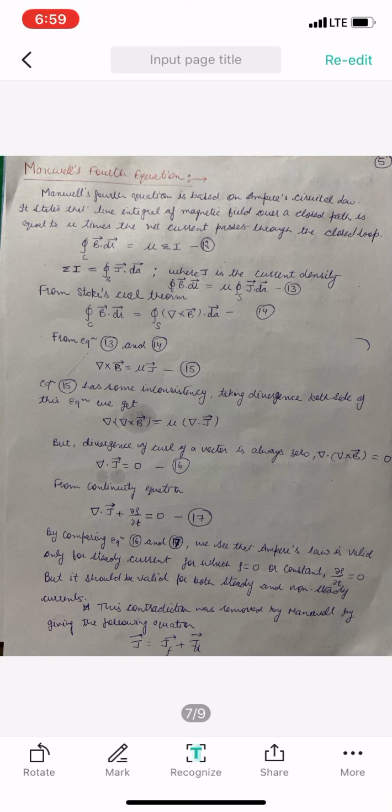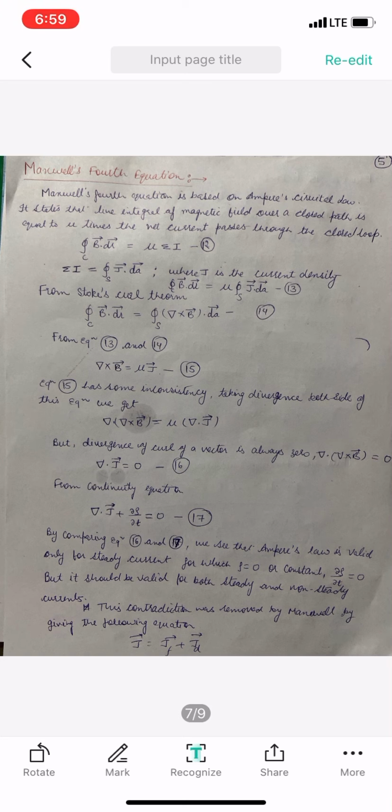We will apply Stokes' curl theorem here. As you know, Stokes' curl theorem relates the line integral to the area integral. So you can see the integration over the closed loop C of B vector dot dr vector is equal to the integration over the surface of curl of B dot dA, where this is the dot product.